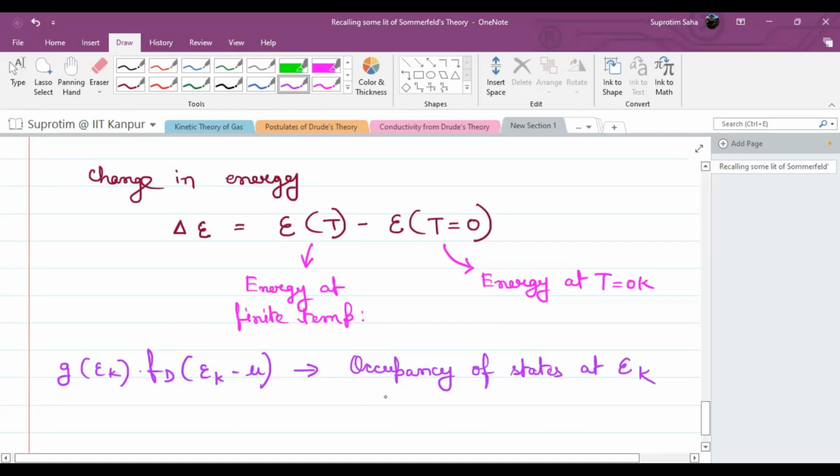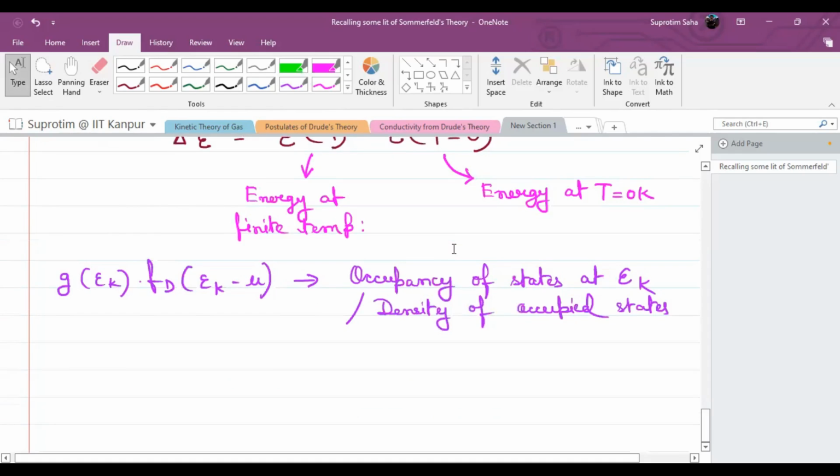Rather, it can also be written as the density of occupied states. So g of Ek was the density of states, coupled with the Fermi-Dirac distribution, which gives the probability of occupancy, we get the density of occupied states. So density times the probability.